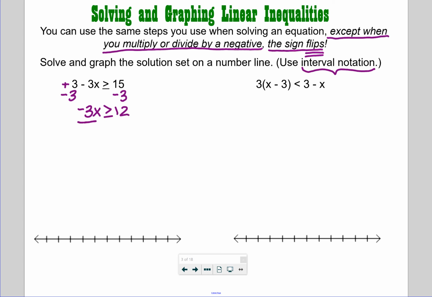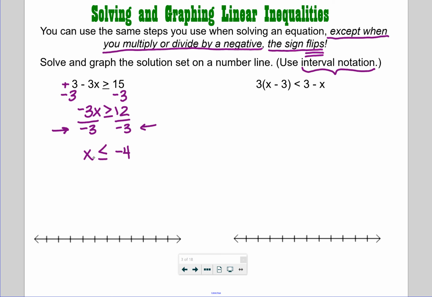Then, to get the x alone, I'm going to divide both sides by negative 3. That's the step where we multiply or divide both sides by a negative number. That's the exception in inequality problems. I'm going to have an x on this side, and a negative 4 on this side, but because I multiplied or divided both sides by a negative, my sign flips. Instead of a greater than or equal to symbol, it's now a less than or equal to symbol.